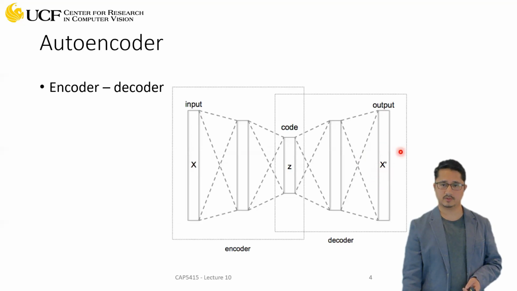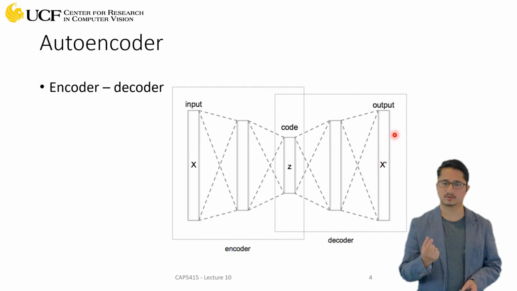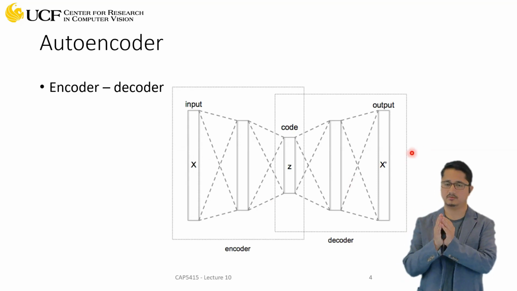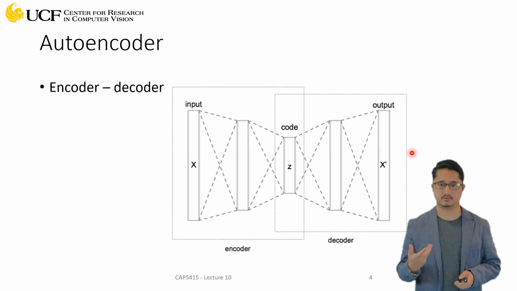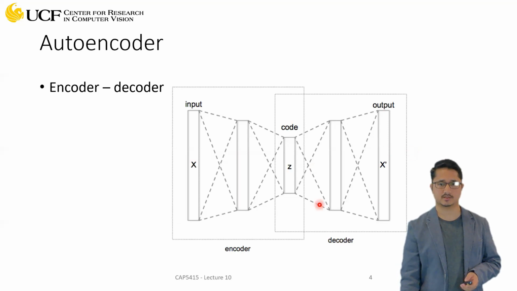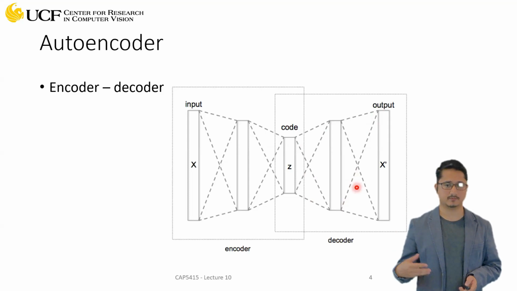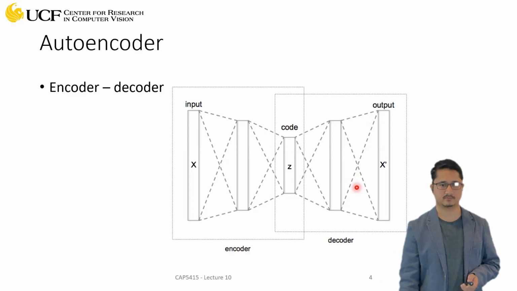When you do that reconstruction, you can estimate how good it was, because you have that input here. So you can just compare this input with the output, and you can use that to compute your loss. That could be your training loss when you train this kind of model. This part is called the encoder, and this part is called the decoder. So this will be the basic structure of any autoencoder you design.